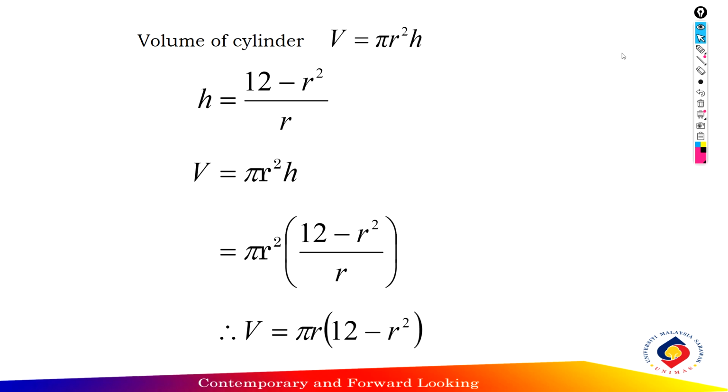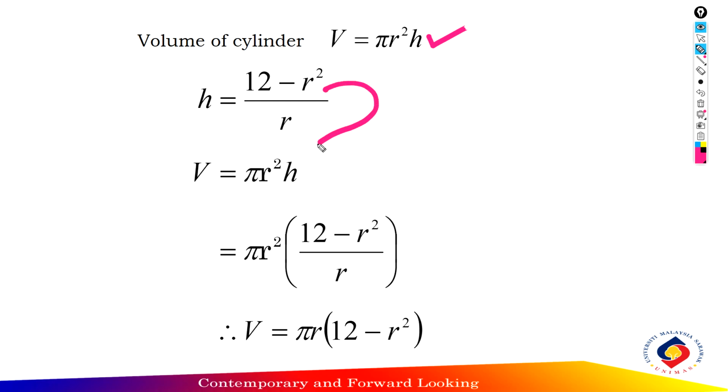Given the volume of the cylinder, πr² times h, and h in terms of the radius equals (12 minus r²) over r, you substitute this height into the volume of the cylinder.